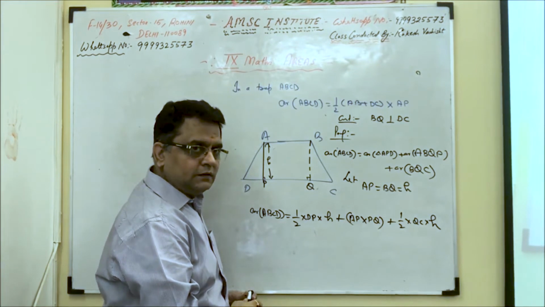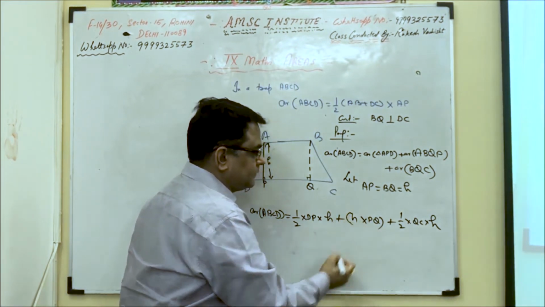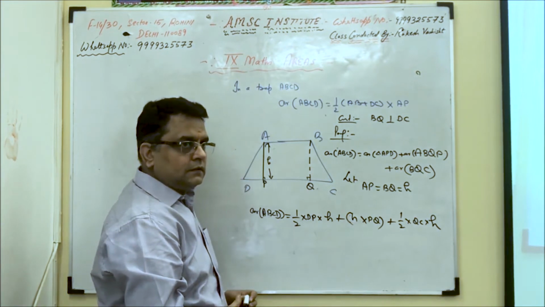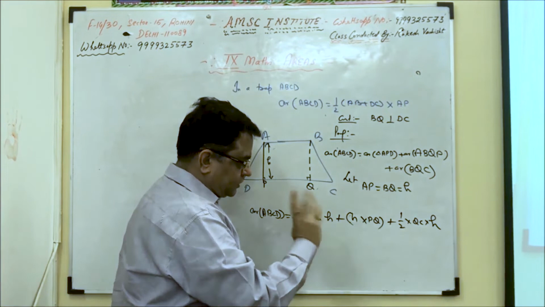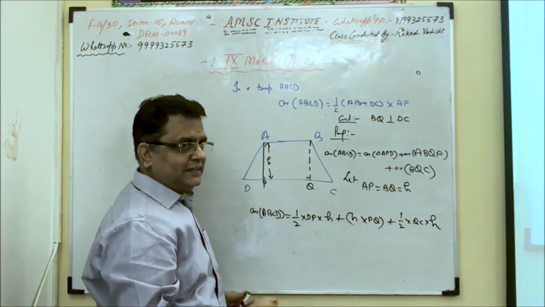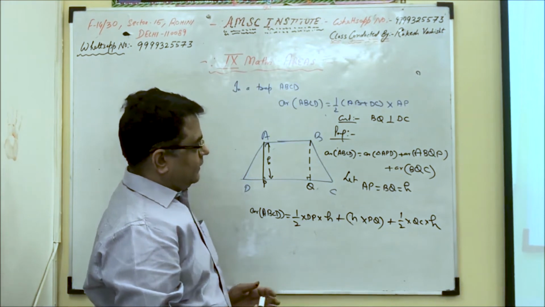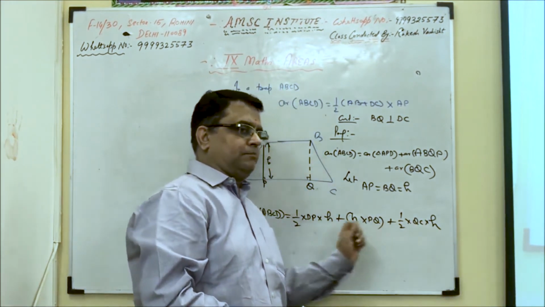यहाँ तक कोई डाउट? क्या AP को भी मैं H लिख सकता हूँ? ऐसा इसलिए किया because it would be easy for us to see out of the three terms that H, H and H may come out to be as a common. And the right side we have three terms separated by the pair of plus.